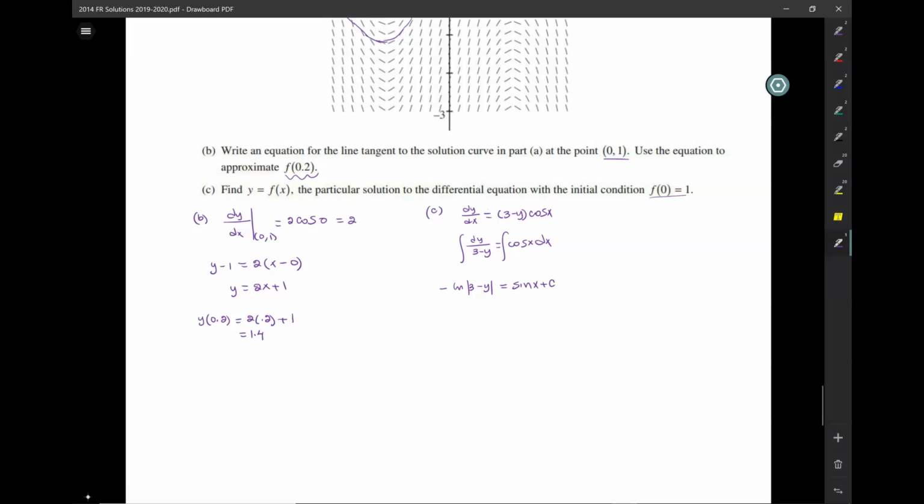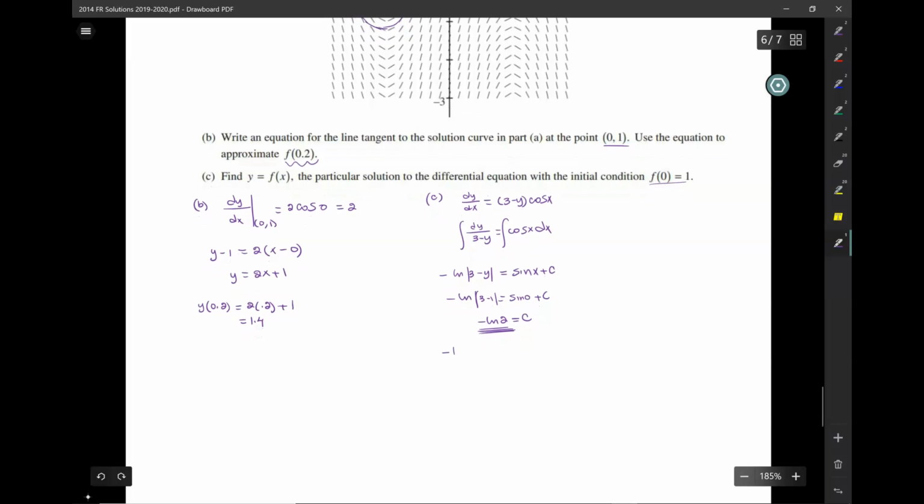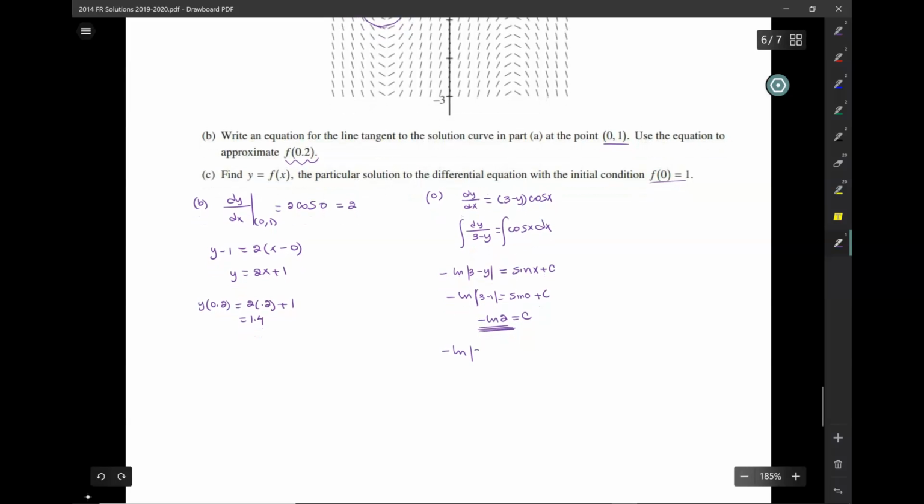Okay, at the initial condition, negative ln of 3 minus 1 is equal to sine of 0 plus c. So negative ln of 2 is equal to c. And that is my constant. So now, going back to the equation, negative ln of 3 minus y is equal to sine of x minus ln of 2.